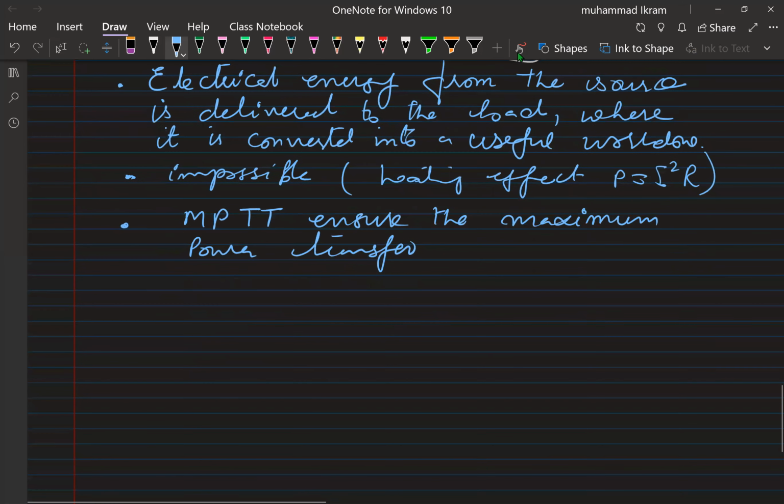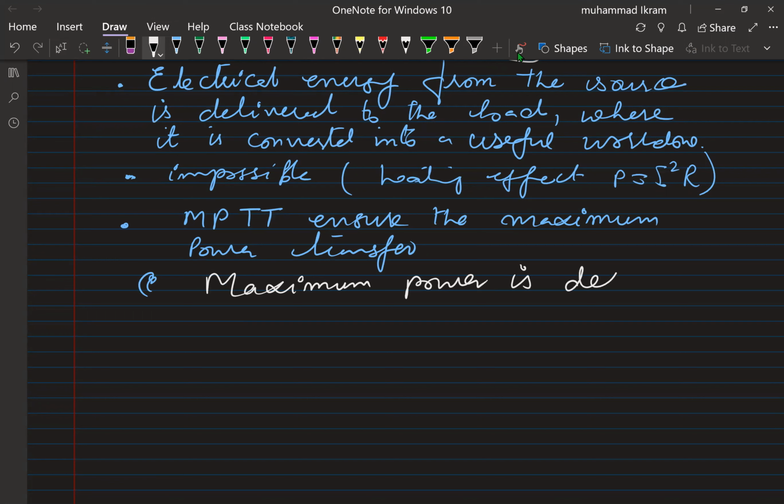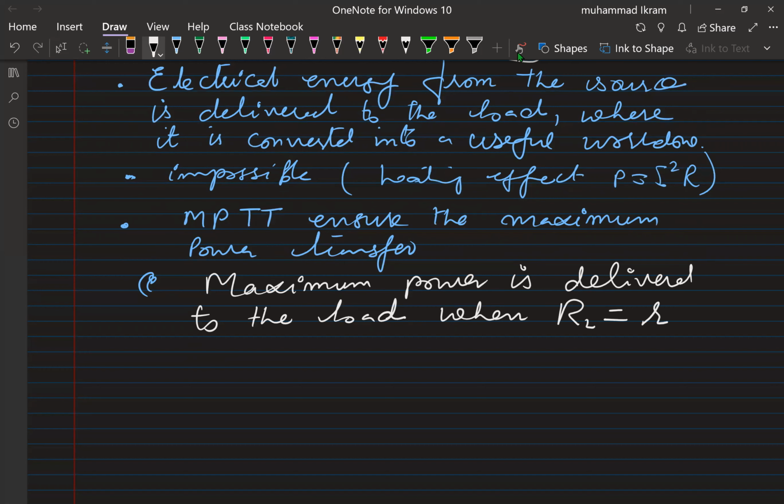And this theorem states that maximum power is delivered to the load, for example by the AC generator, when the load resistance RL becomes equal to R, where this R is the internal resistance of the source.